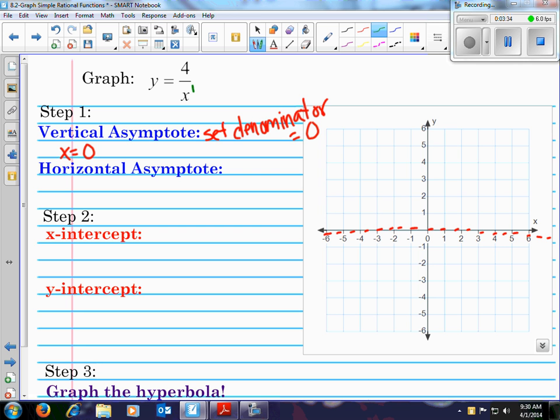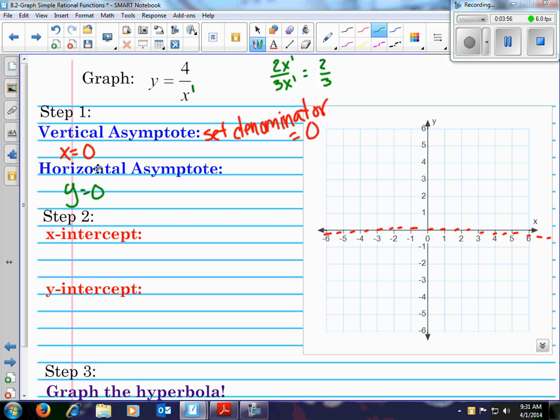So for example, if I had 2x over 3x, they both have power 1, so I'm going to take the leading coefficients. So my horizontal asymptote would be at 2/3. Now in this case, since my power is higher in the bottom than it is on the top, my horizontal asymptote is just going to be y equals 0.